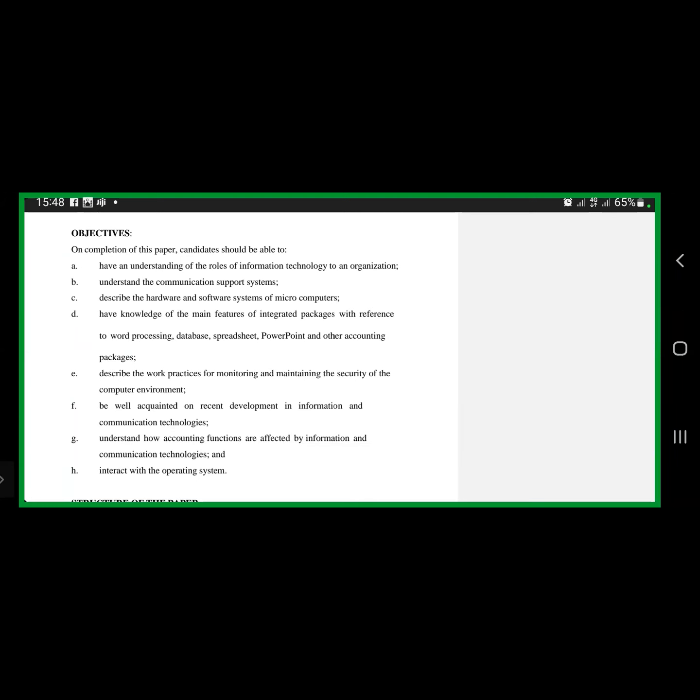You can see these are the softwares that we spoke about just a few minutes ago. Word processing is taken care of by Microsoft Word. Database can be taken care of by Microsoft Access or Microsoft Excel. Spreadsheet is taken care of by Microsoft Excel. PowerPoint is taken care of by Microsoft PowerPoint and other accounting packages.